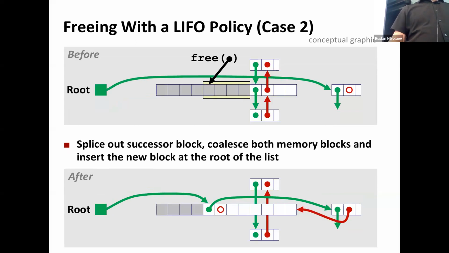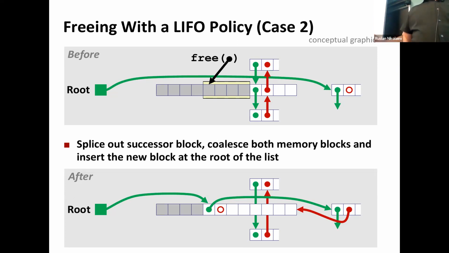So let's look at the second case. When you free a node, but the neighboring node, the next node, is also free. What are you going to do in this case? You already see that this neighboring node is somewhere in the middle of that list. Not necessarily in front, maybe it's in front of the list, I don't know for sure, but it's somewhere in the list because there is no guarantee of any order. So what are you going to do first? You want to exclude the neighboring node from the list, so you want to remove it from the free list.